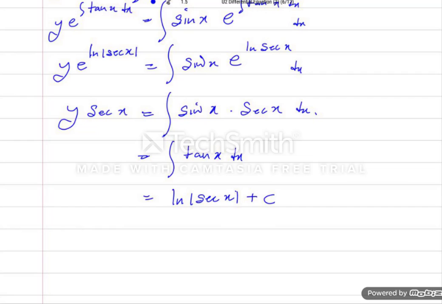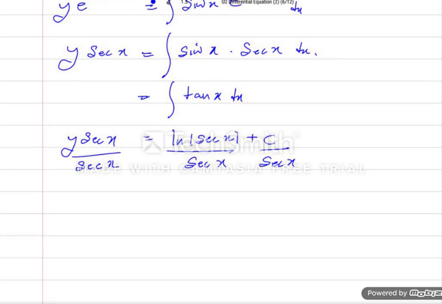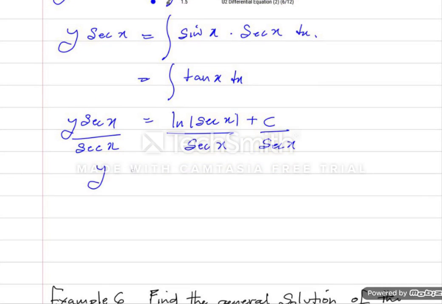So to solve fully now, I just divide the entire equation by what? Sec x. So this is y sec x divided by sec x, and that would be equal to, sec x is 1 over cos, so this is going to be cos x ln sec x plus c cos x, isn't it?